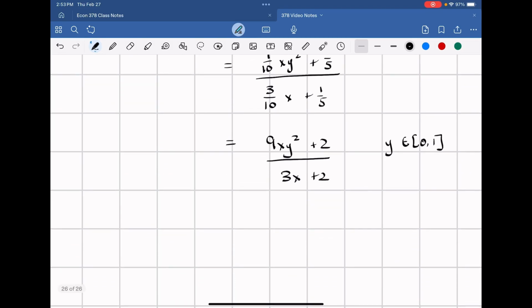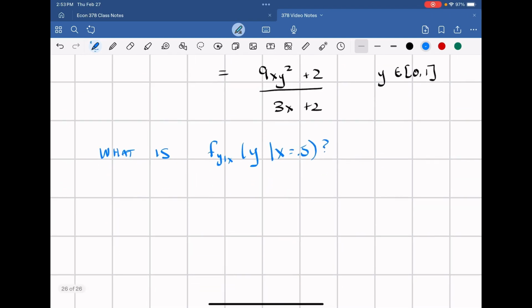And so this is the conditional distribution of y given x. If we were to ask, what is the distribution of y given that x is equal to 0.5? Well, we can simply use our conditional distribution and put in 0.5 where we see x.